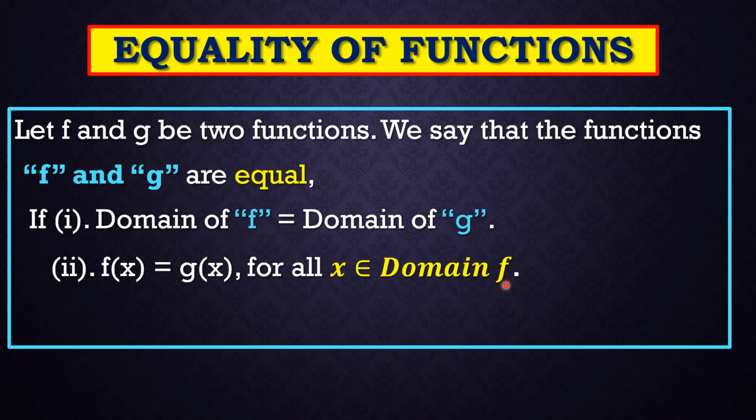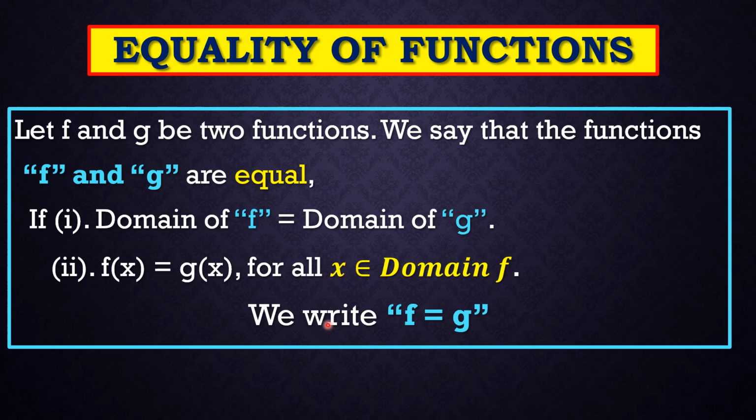Here domains are equal from the first condition. Therefore, if we take any element in the domain of f or g, the images are also equal. Here domains are equal and images are also equal. That means ranges are also equal. Therefore the functions f and g are equal functions. This is the condition for equality of given two functions.